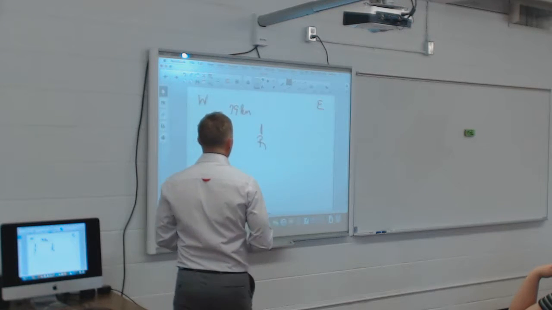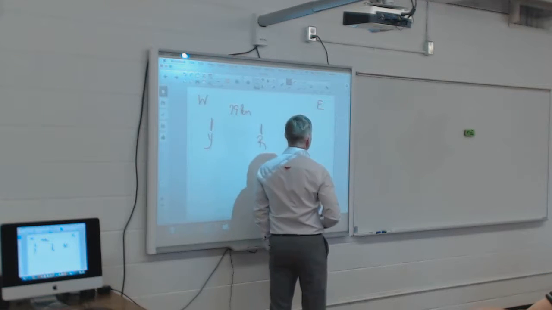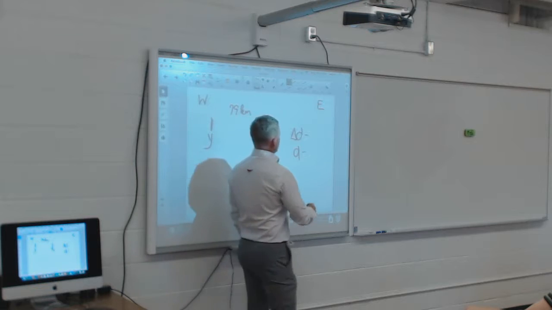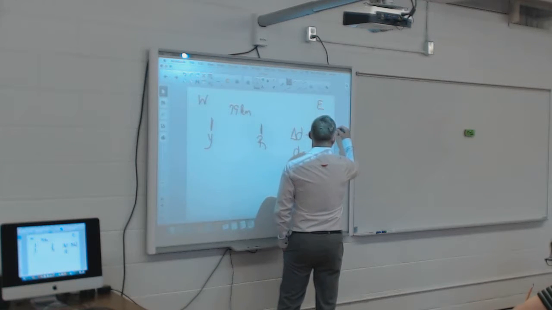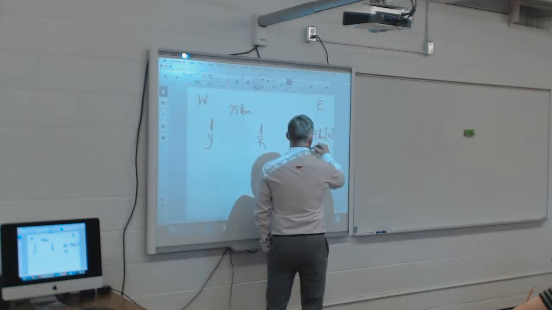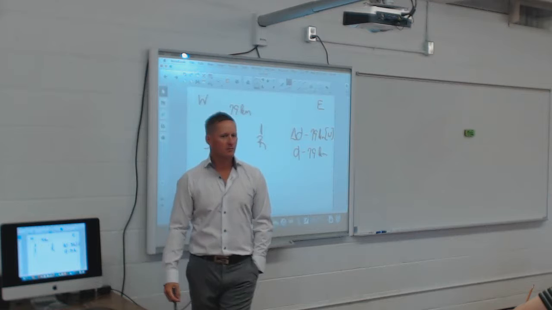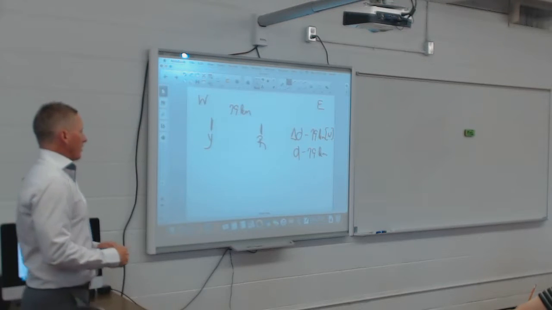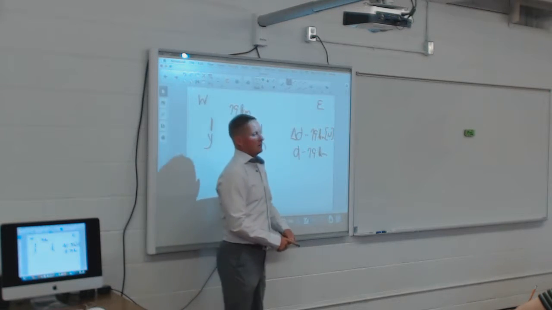The difference between the displacement, which I'm going to write as delta D, and my distance, which is just D: the displacement is 79 kilometers to the west. The distance is 79 kilometers. Displacement is a vector quantity in which we have to put the direction on it.